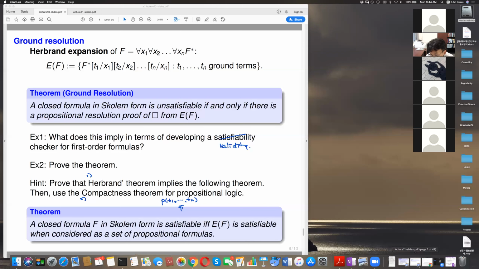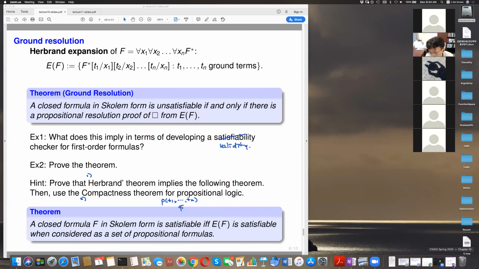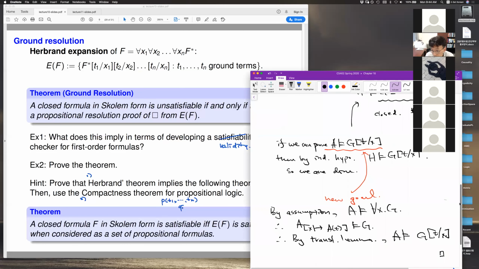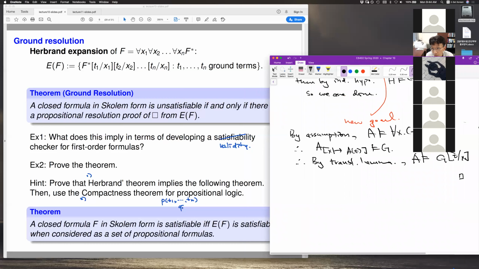Okay, so let me answer this. Okay, so for exercise 2, suppose we are given the first order logic formula f, and we want to check whether it's valid or not.